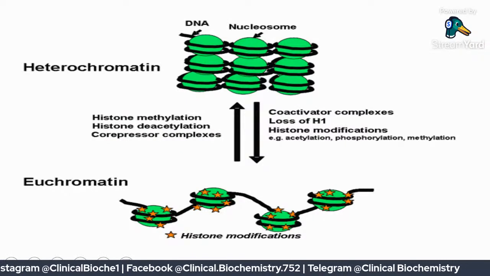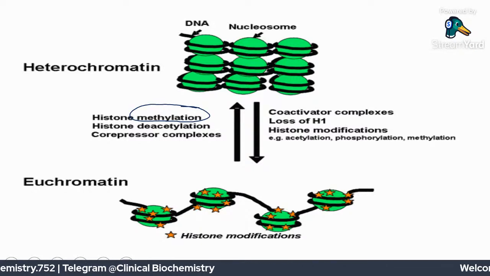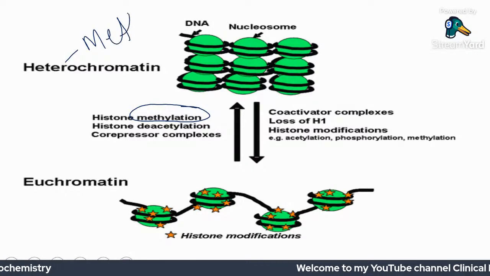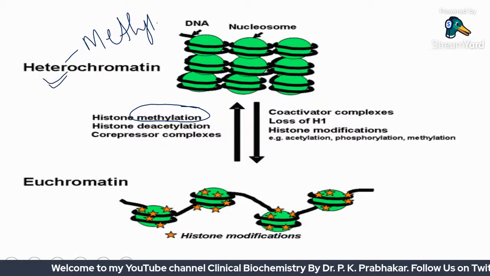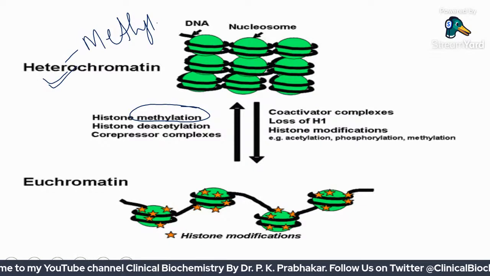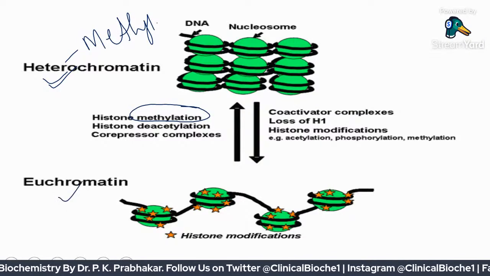Whenever you have methylation, if histones are methylated, as in heterochromatin, methylated histones will be there. So when histones are highly methylated, it will be heterochromatin. And if you remove the methyl group, heterochromatin is converted into euchromatin.